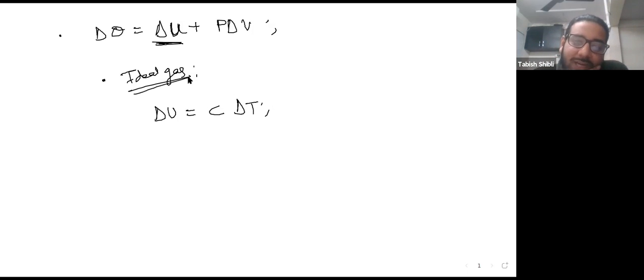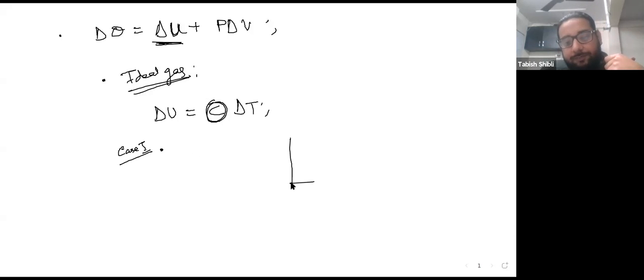But when one talks about an ideal gas, things become very tricky. Why does that happen? That is because in an ideal gas, I can vary this C as much as I want. I'll show you examples. Let's take case one, a piston setup.